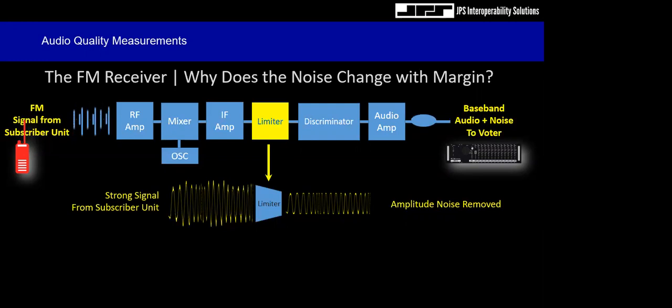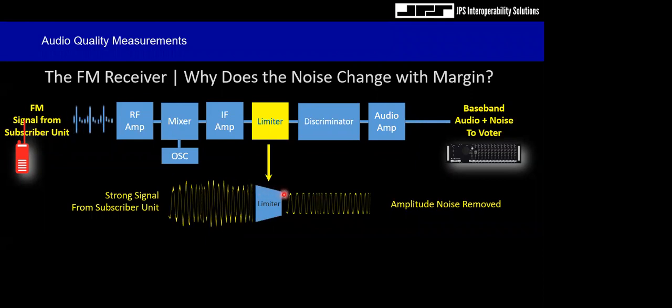But remember, this is FM conventional communications. We're interested in the frequency content within that carrier. But as that signal travels from my subscriber unit through free space, I'm beginning to perturb the amplitude. And so the job of the limiter is to essentially strip off the variations in amplitude, which we call noise. So any instantaneous changes in amplitude right there at these little peaks equates to the noise that we hear.